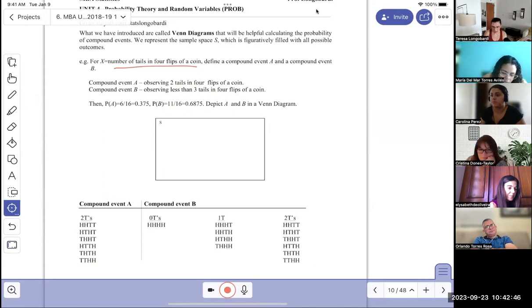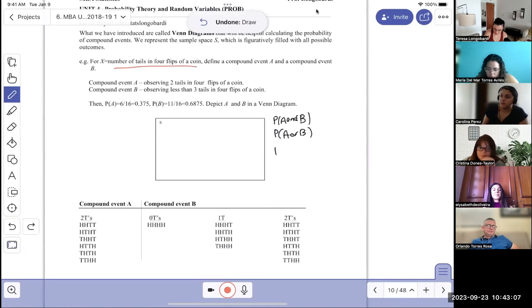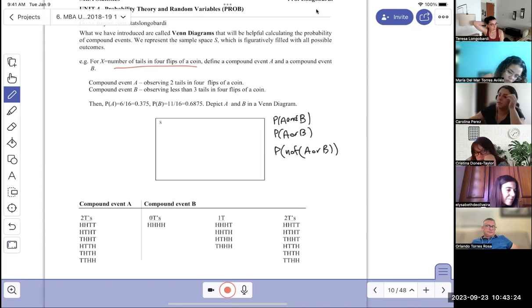Draw event A and event B in this sample space, and then answer the same questions we just answered. Probability of A and B, probability of A or B, and probability of not A or B. How many people, I guess half of you didn't do this, so try that.